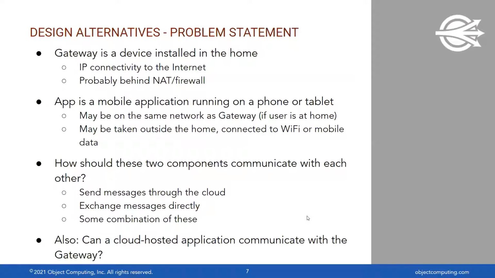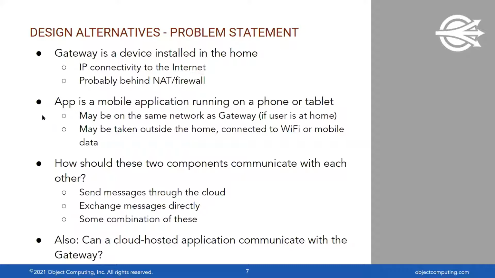So let's look at the details of this problem. We know the gateway is a device installed in the home, right? It has some connectivity to the internet. Most likely, we're going to find that this is installed behind network address translation and a firewall. That's what we'd expect from a home network. And we see the app as a mobile application, right?